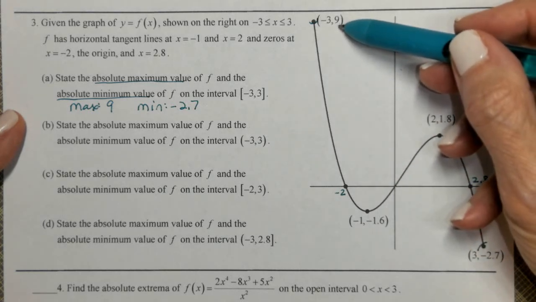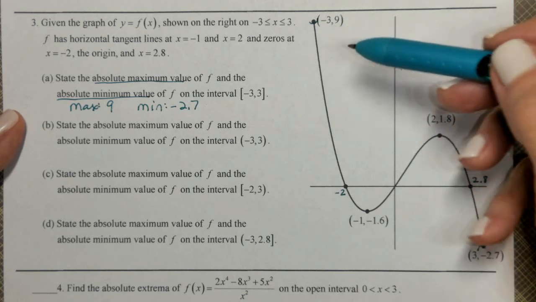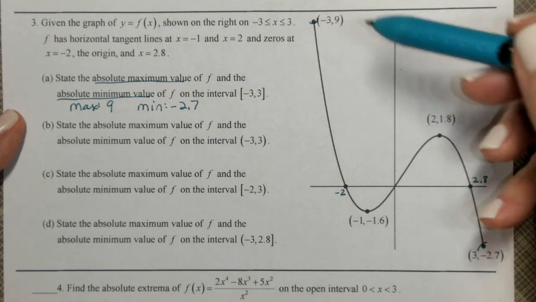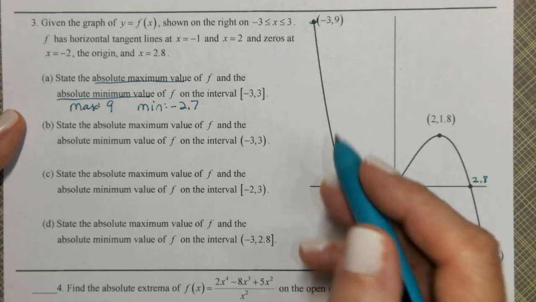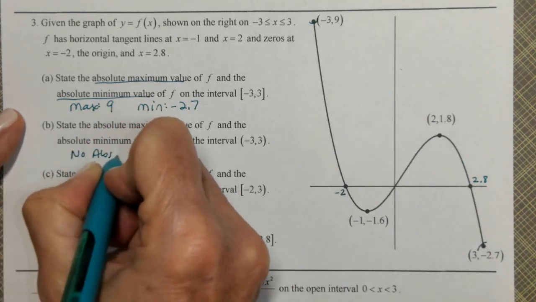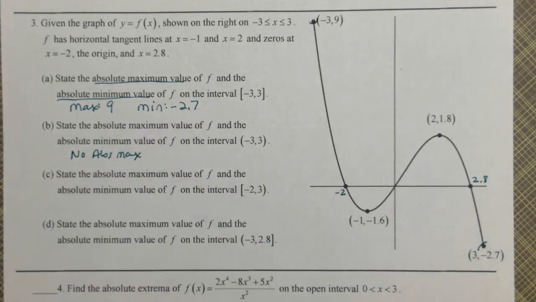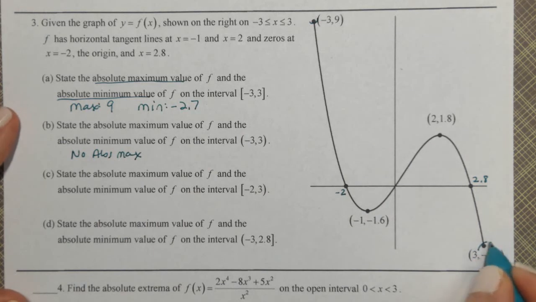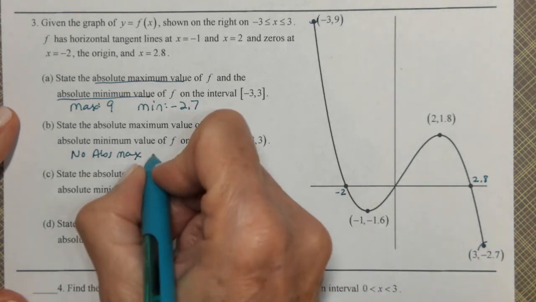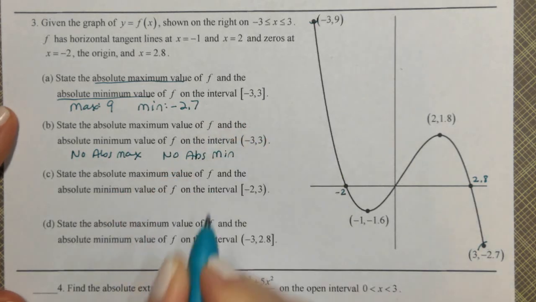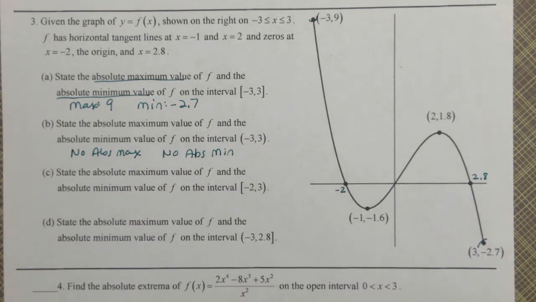It does not. It gets very, very close to 9, but we cannot state a value that's close enough to 9 that doesn't reach 9. So there is no absolute max on that open interval. Same thing for the absolute min. There is none. So no absolute min on that open interval.